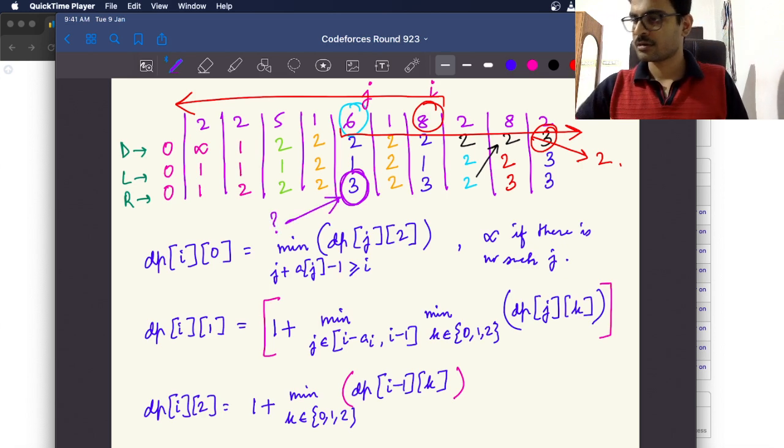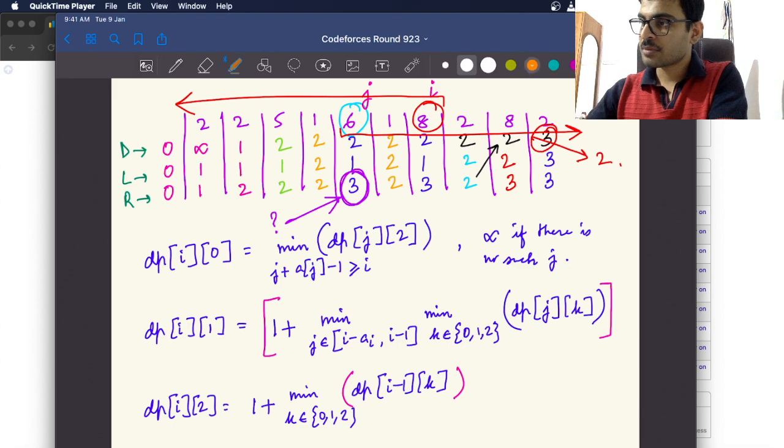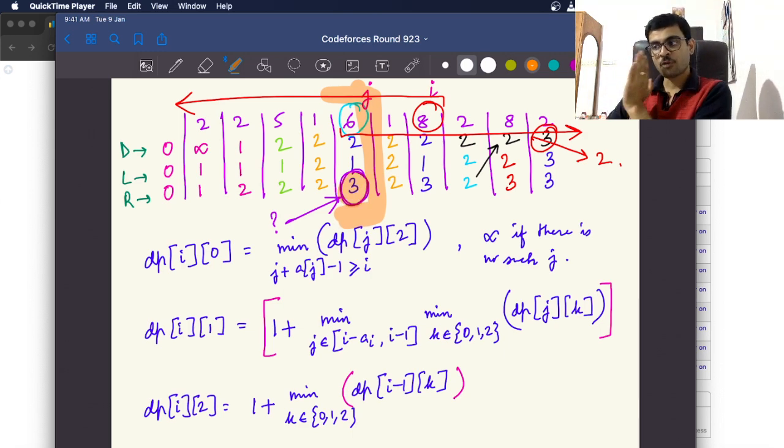Why? Is this wrong? No, it is correct. Because the definition of this state is, what is the minimum cost to fill up to here? Complete up to I, up to this index. For this element, the task was, you have to fill up all the elements up to here. You have to paint all the elements up to here using the elements up to here.